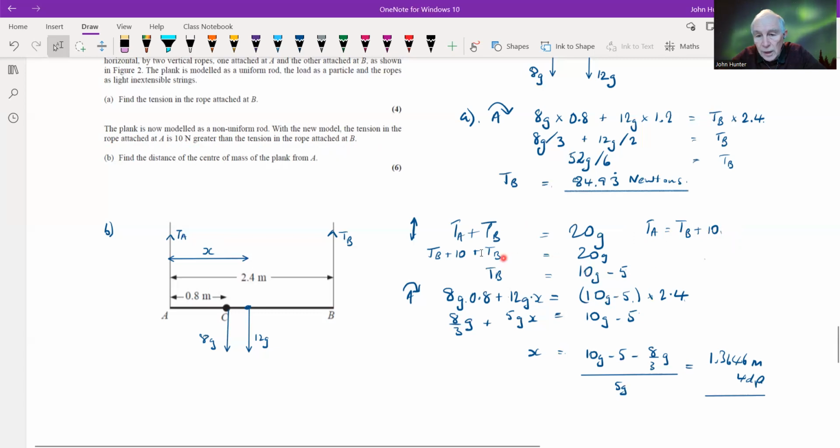And as a result of that, we basically have simultaneous equations. We can eliminate TA, putting TB plus 10 in for that, and that will give us TB equals 10G minus 5.